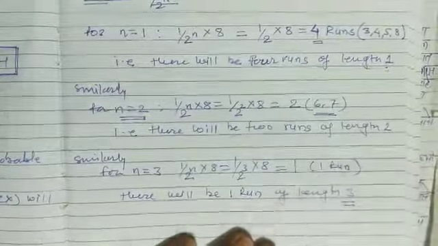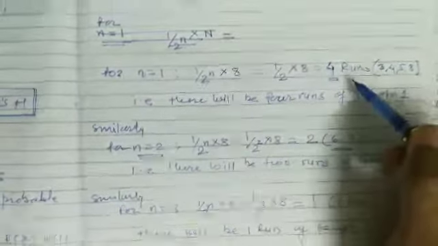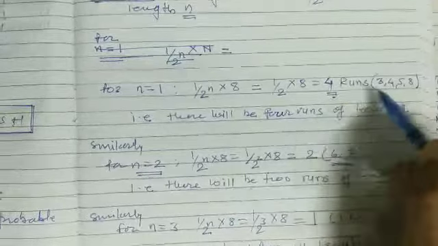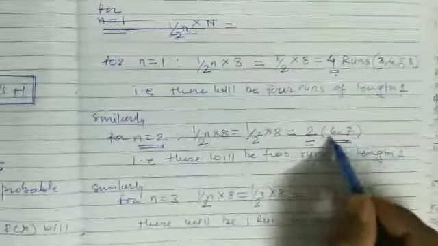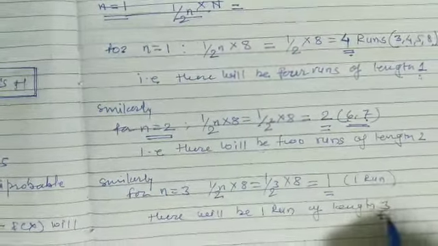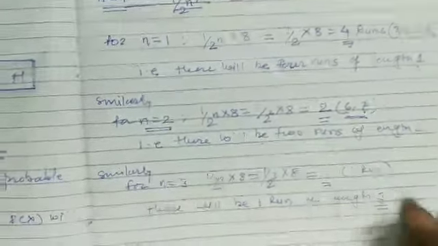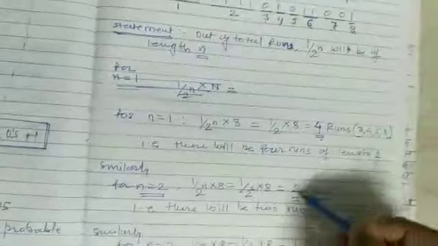Okay, so if you look over here, initially we have 4 runs of length 1, then 2 runs of length 2, and then 1 run of length 3. In this PN sequence there are a total of 8 runs, out of which 4 plus 2 plus 1, that is 7, we have already covered.